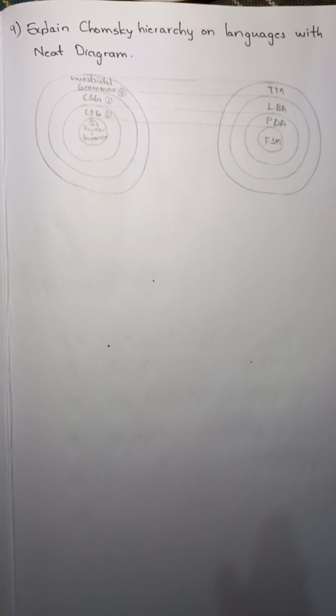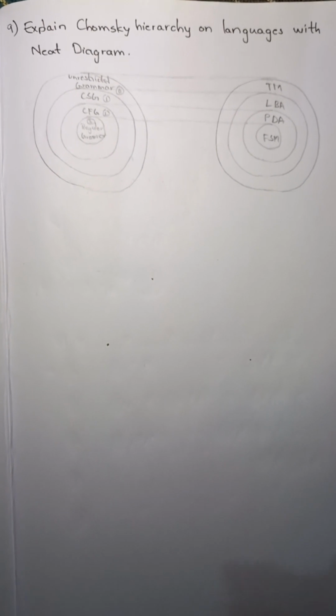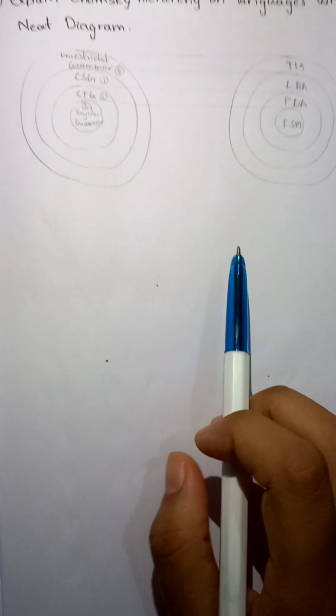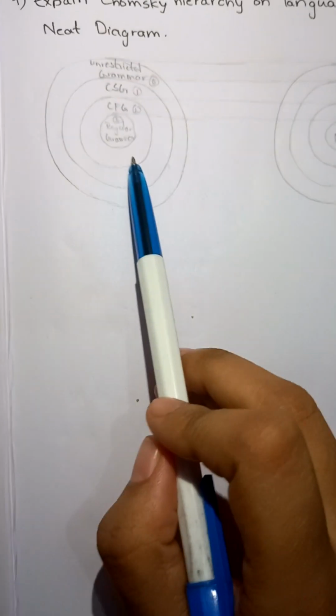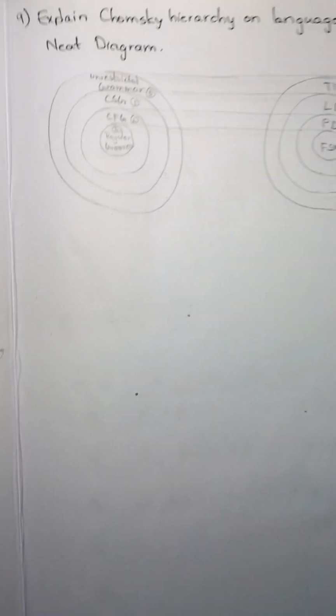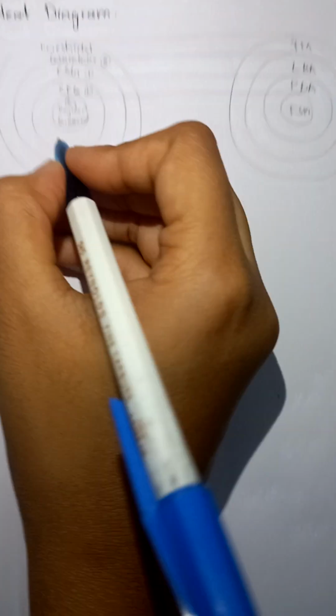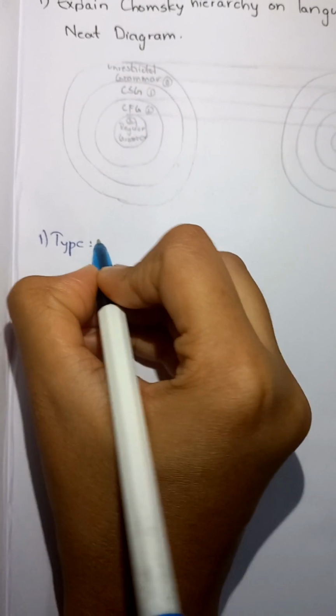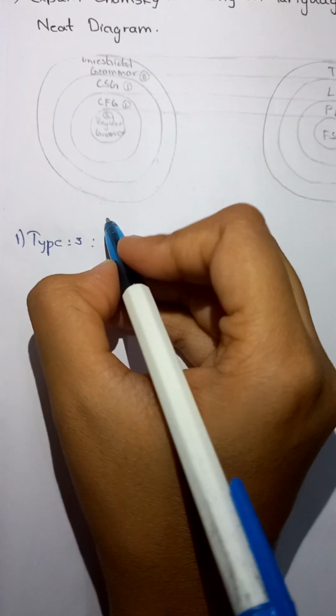The next question we are going to discuss is Chomsky hierarchy. So Chomsky hierarchy on languages, there are basically 4 types: type 3, type 2, type 1 and type 0. We shall start from the center, type 3. Type 3 is regular grammar.